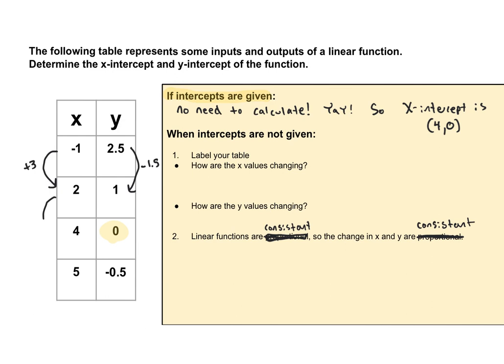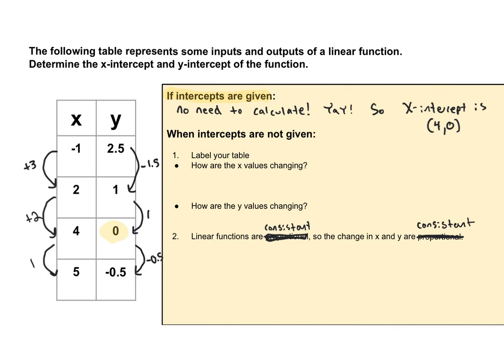Okay, right here, when it increases by 2, we see that our y values decrease by 1. And right here, we see that when it increases by 1, our y value is decreasing by 0.5.